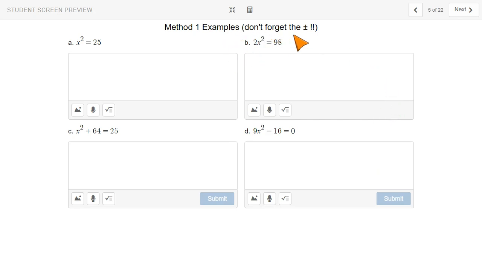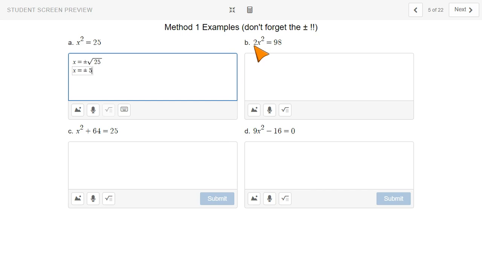Let's just quickly do a couple more examples with the square root and the plus minus sign. We've talked about this one already. So when we're doing the square root, x is equal to plus or minus the square root of 25. So x is equal to plus or minus 5. Now in these three examples, we're going to have to use algebra.